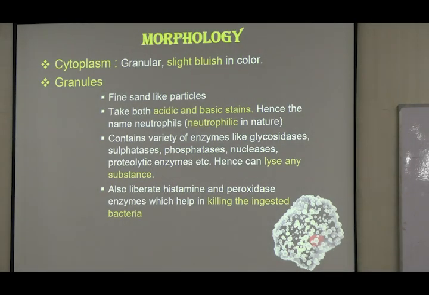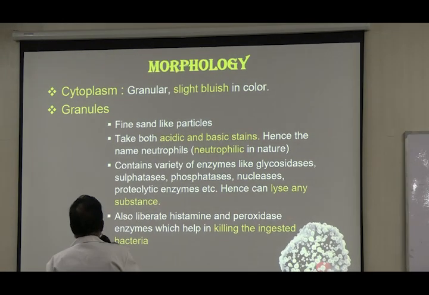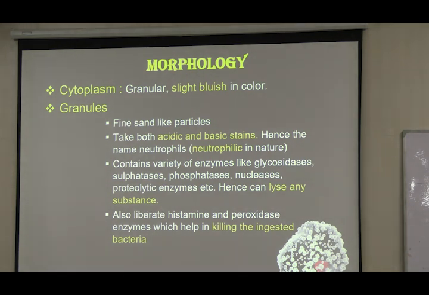So their morphology. As I said, they have granules, the fine granules, and they may take light pink or light bluish color. Blue to pink coloration, colored granules you may find, but they are very fine. The granules are fine, sand-like, and take acidic and basic stain, I said, so that's why we call it neutrophils.